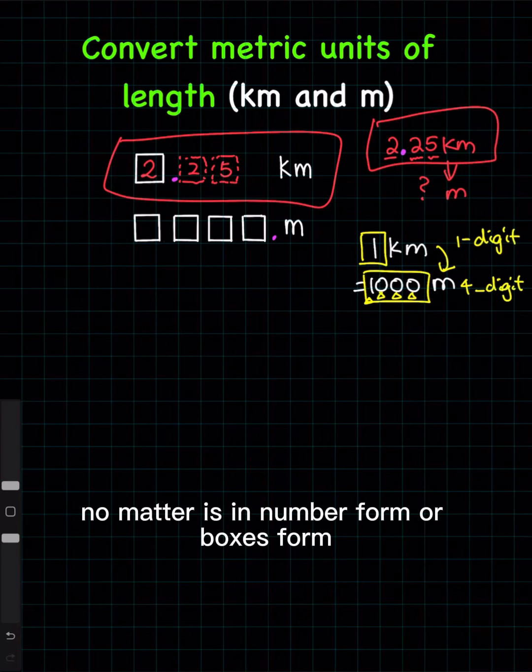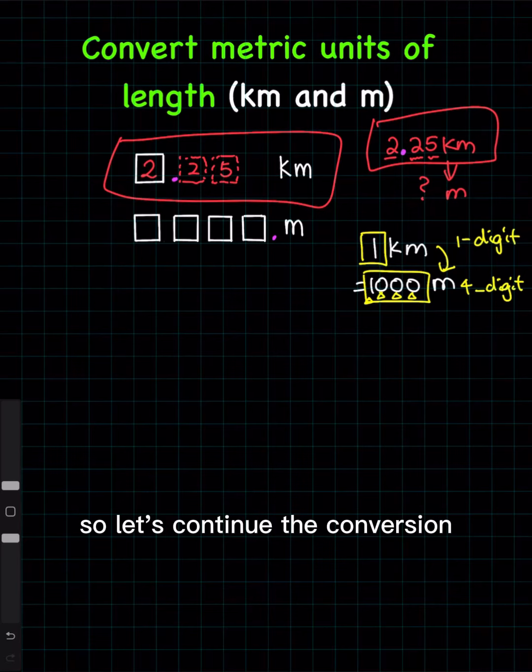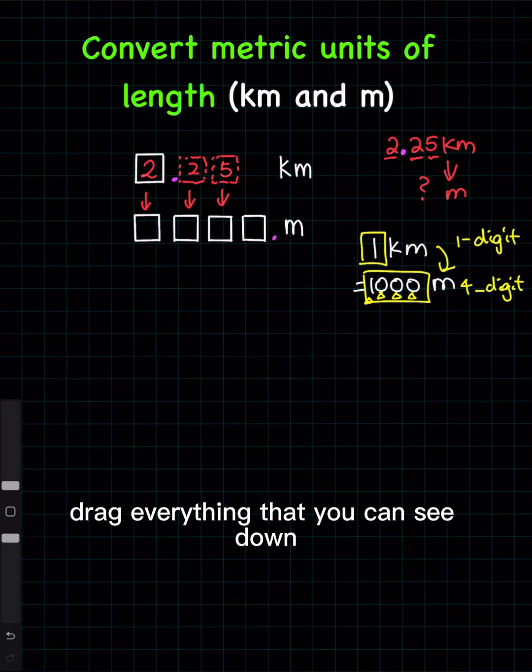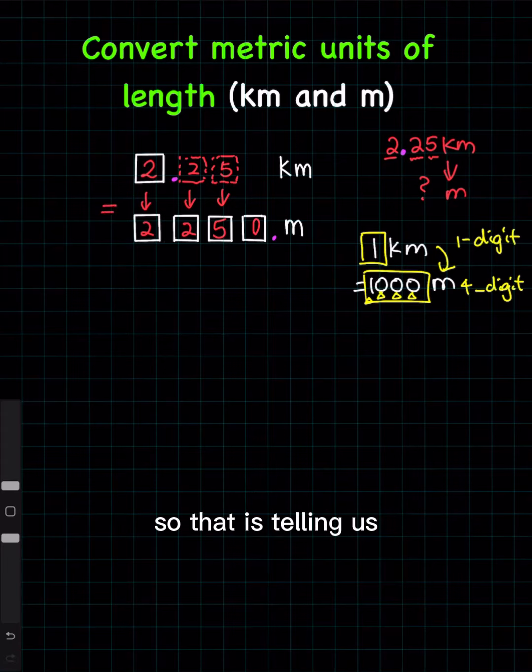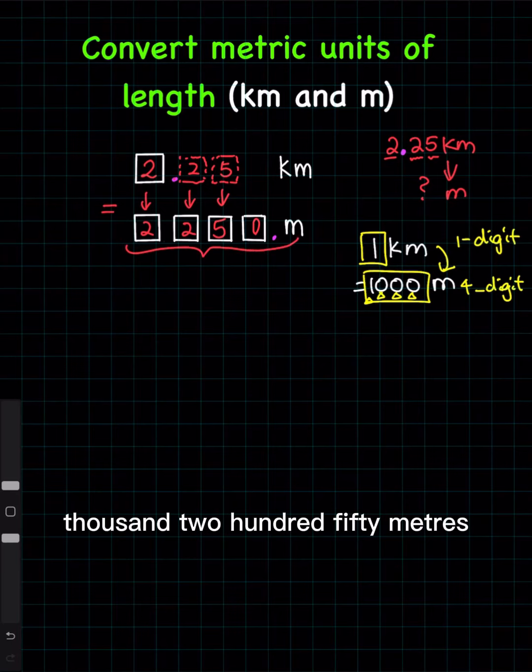No matter if it's in number form or boxes form. So let's continue the conversion. Drag everything that you can see down. And for the missing boxes, you will fill with a 0. So that is telling us 2.25 kilometers equals 2,250 meters.